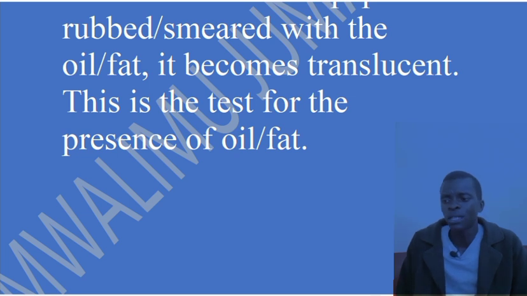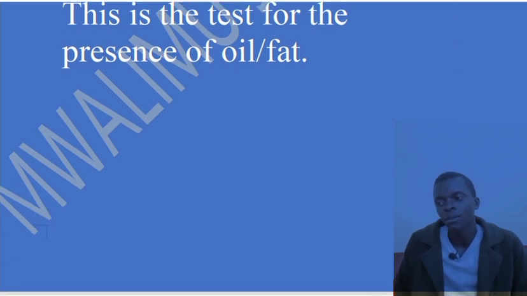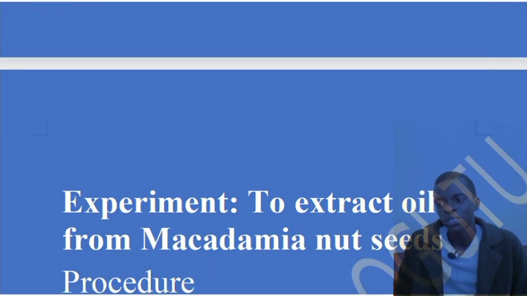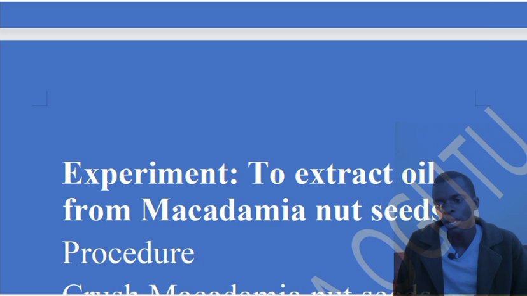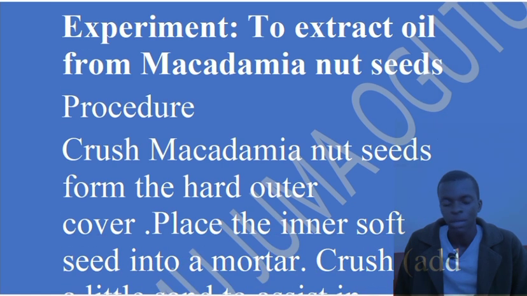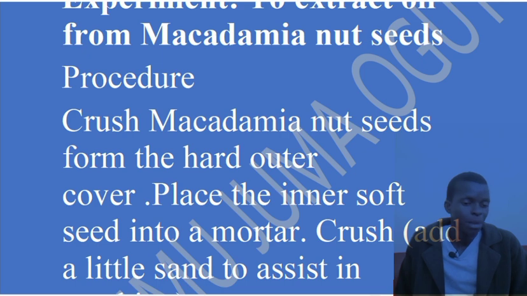Then we filter, then we put the filtrate into an evaporating dish. We evaporate the solvent using solar energy or the sunlight. Then we smear a portion of the residue left after evaporation on a clean dry filter paper.